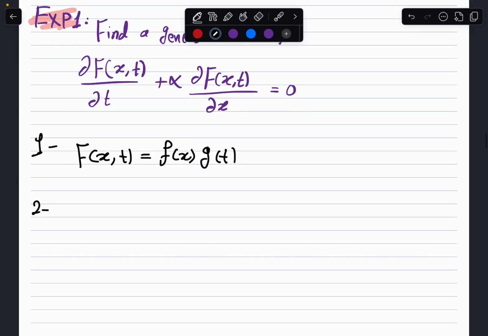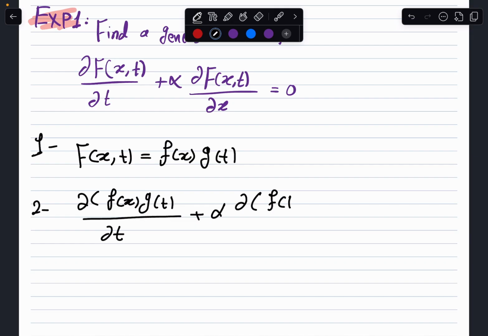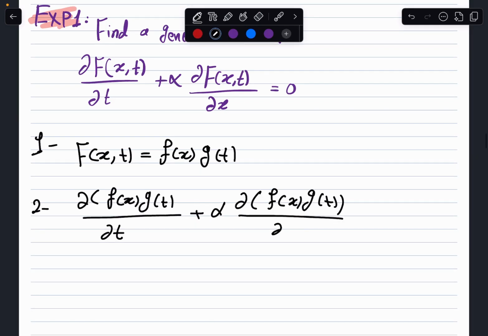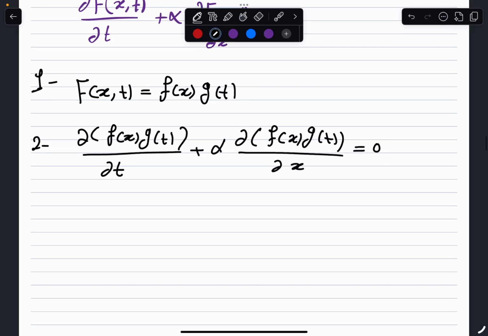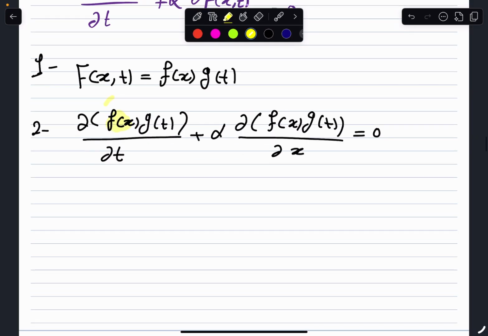Step 2, which is the longest, is plug it back. We plug it in: the partial of g of t over the partial of t plus alpha times the partial of f of x over partial x, equal to 0. Now, as we can see here, I can take f of x outside the derivative in this case, because the derivative is only on t.